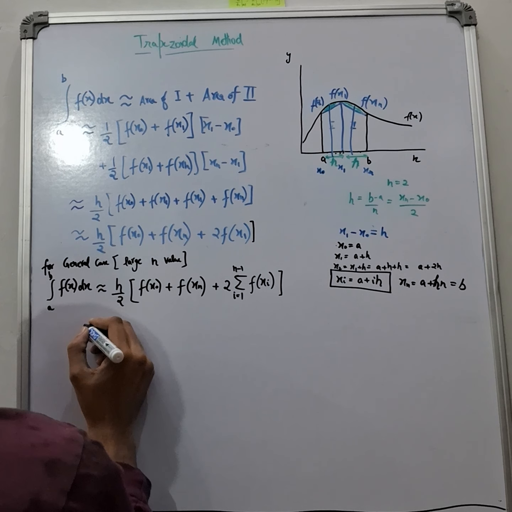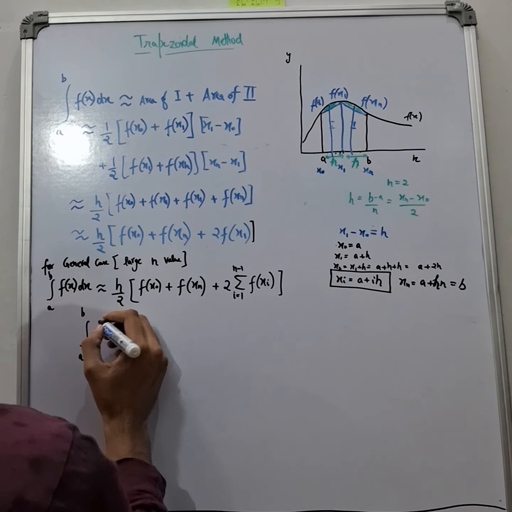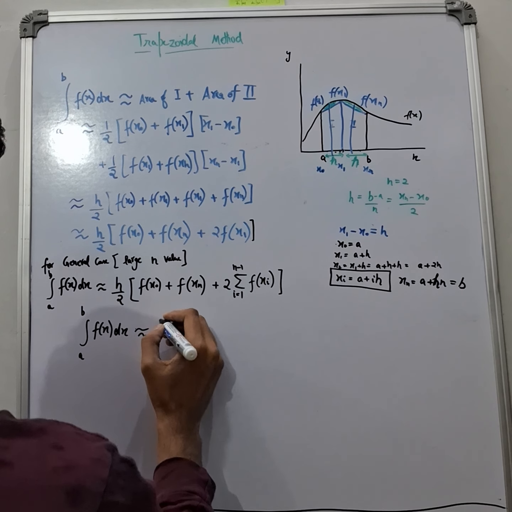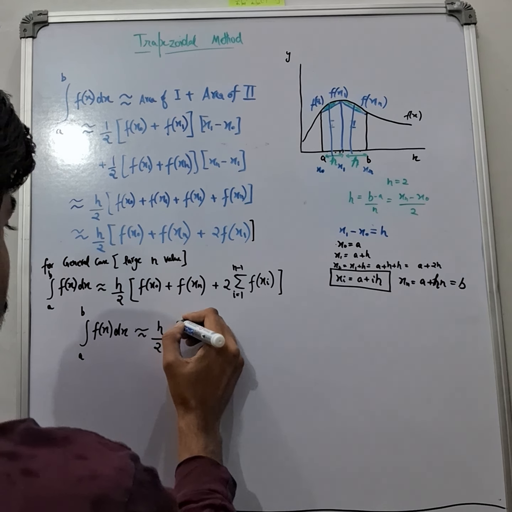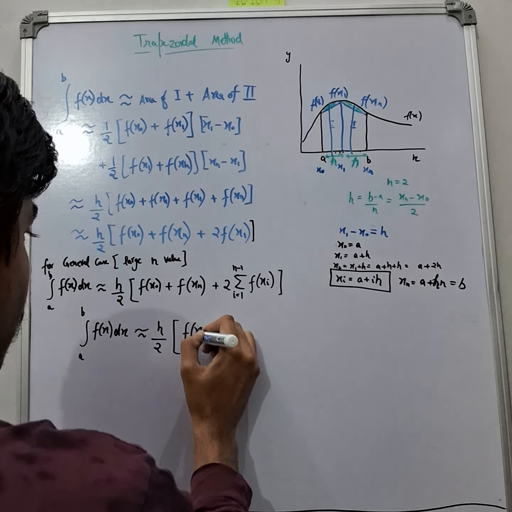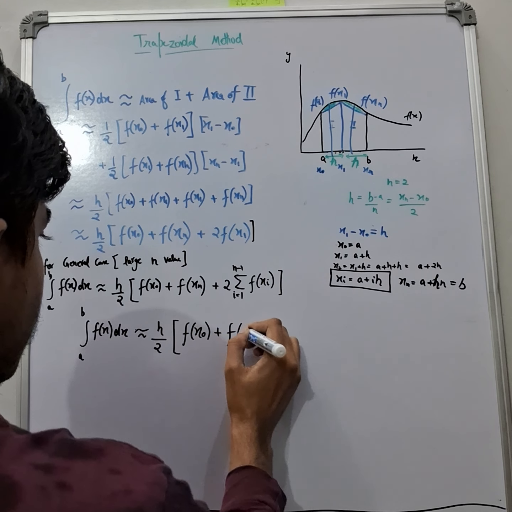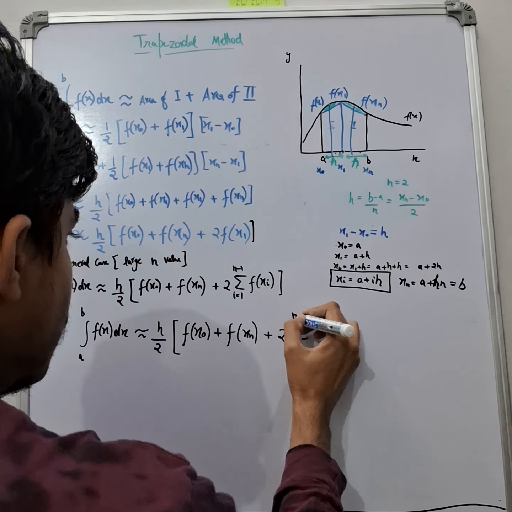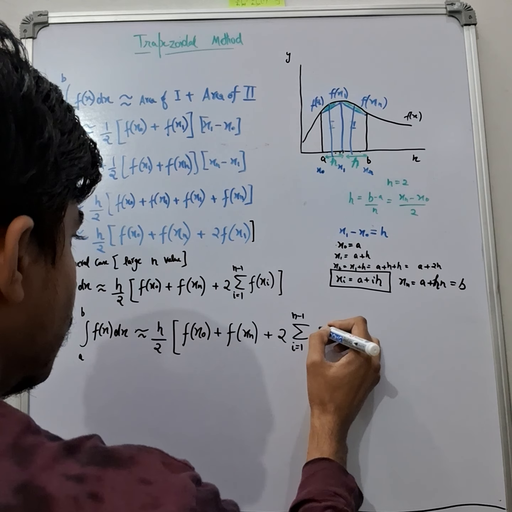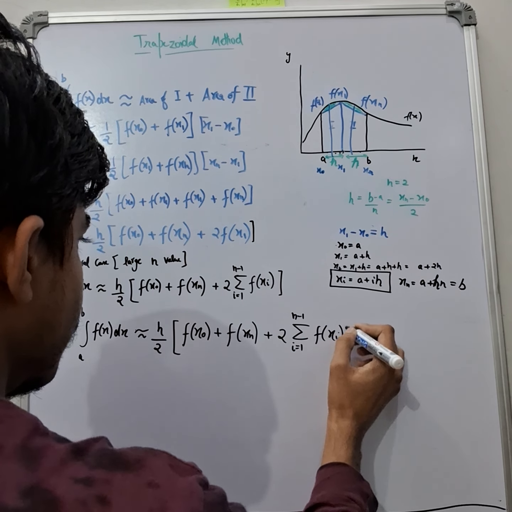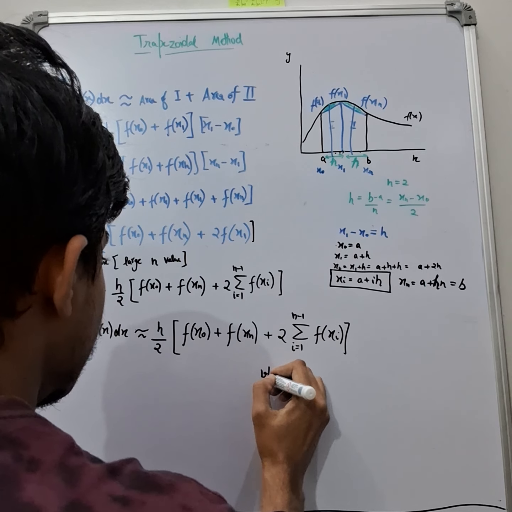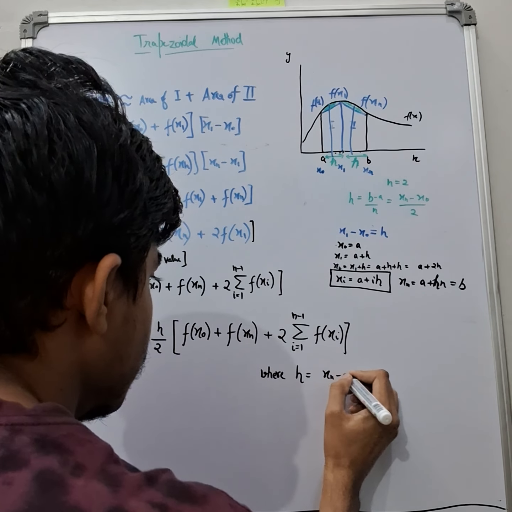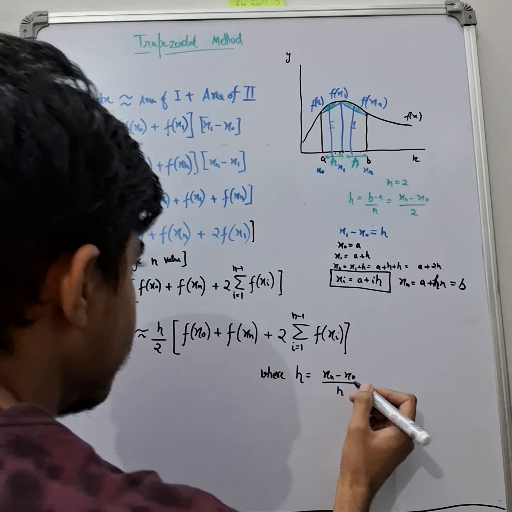I can write it more spaciously if you cannot see it properly. It is approximated by h over 2 times f(x0) plus f(xn) plus 2 times summation from i equal to 1 to n minus 1 of f(xi), where h is equal to (xn minus x0) over n.